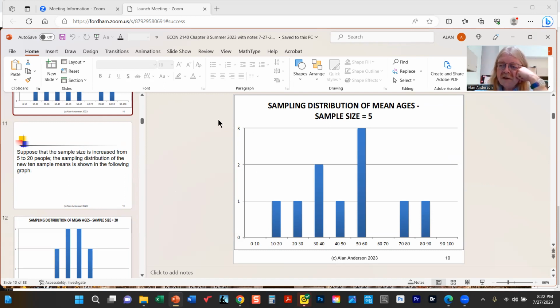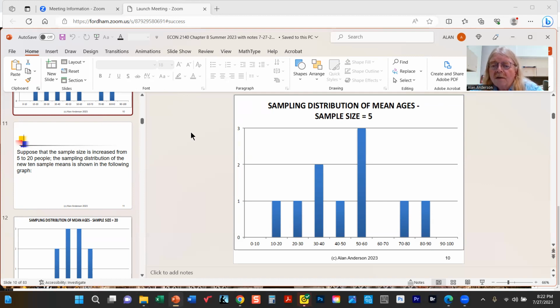I mean, imagine yourself just randomly walking around, let's say, the Westchester Mall, and you randomly pick 5 people at a time. The sample means could be anything from teens up to, let's say the 90s, or any age that you can imagine.